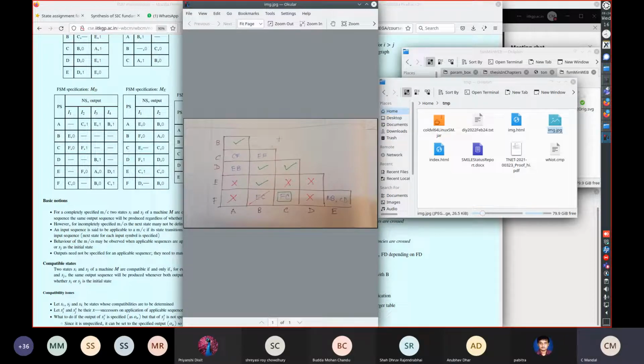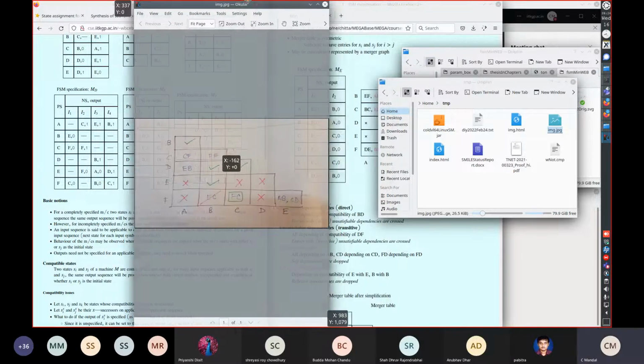Okay, so now starting with this, can you construct the compatibility graph that we had seen last time?